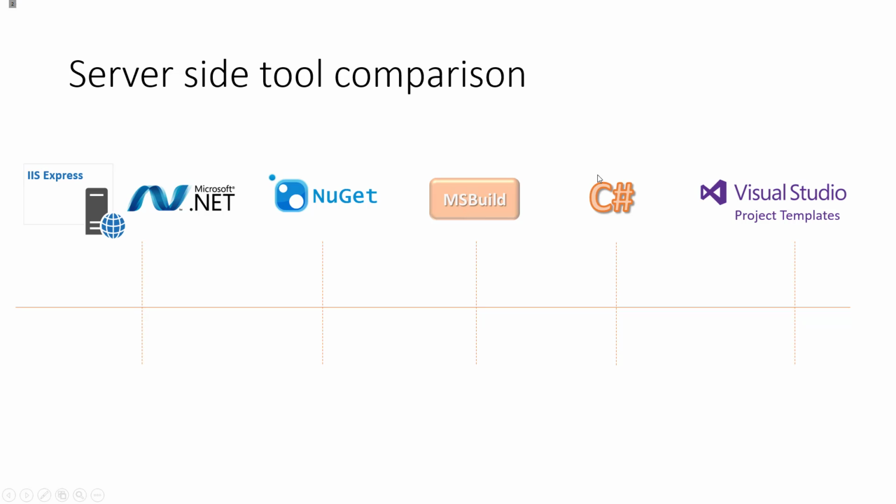Most of the time, the development language we were using back then was C#, because we were doing backend development, and JavaScript was far from being what it is today. To build, package, deploy those kinds of solutions, we used a tool which is actually embedded into Visual Studio, which is called MSBuild. And some of us were also doing unit tests with MSTest and so on and so forth.